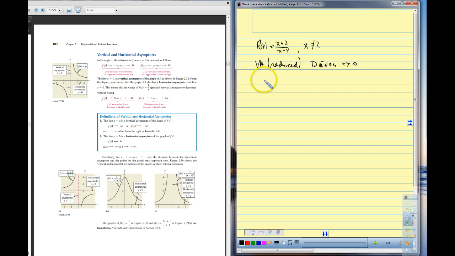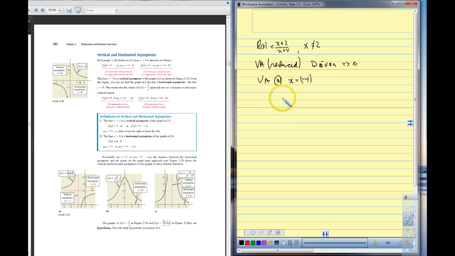So that means that we get a VA when x plus 4 equals 0. We have a VA at x is equal to negative 4.